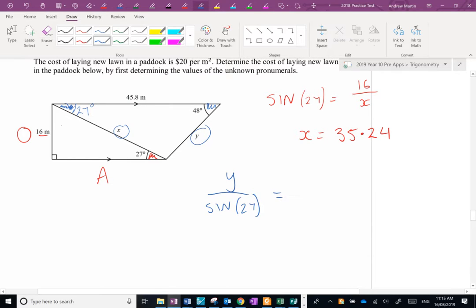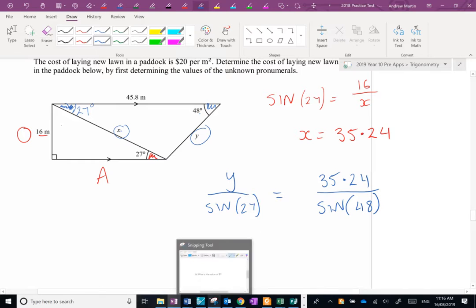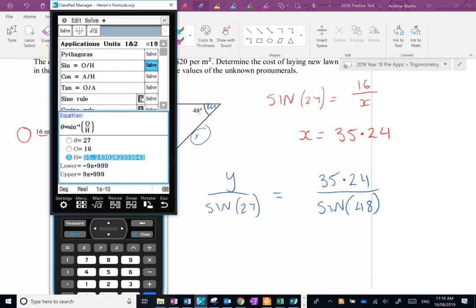It's going to be equal to x over sine of 48. Now x I know is 35.24 because we just worked that out, over sine of 48 degrees. So again, I can use my class pad, and this time I'll use sine rule.